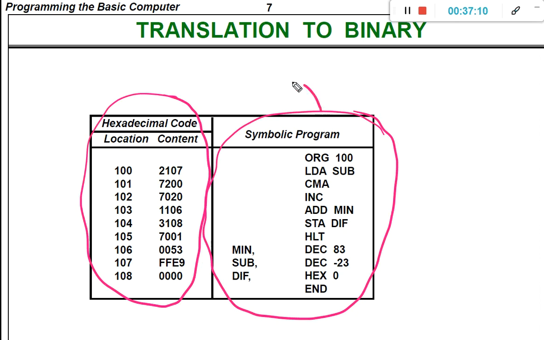How are we going to convert? Using the assembler program. So in the next session, we are going to see how this assembler converts the given assembly level programming code into machine code. So what are the steps needed? We are going to discuss those steps in detail.